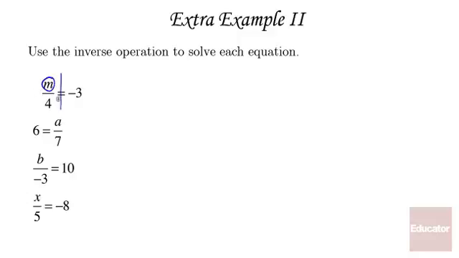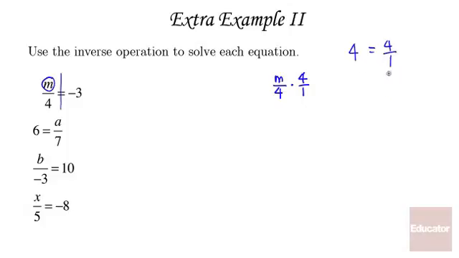Now if I have a number on the bottom, and if I multiply this by 4, a positive 4 is the same thing as 4 over 1. Okay, so 4, same thing as 4 over 1. I could put 1 under any number. If I need to turn this into a fraction, I can put a 1 under it.